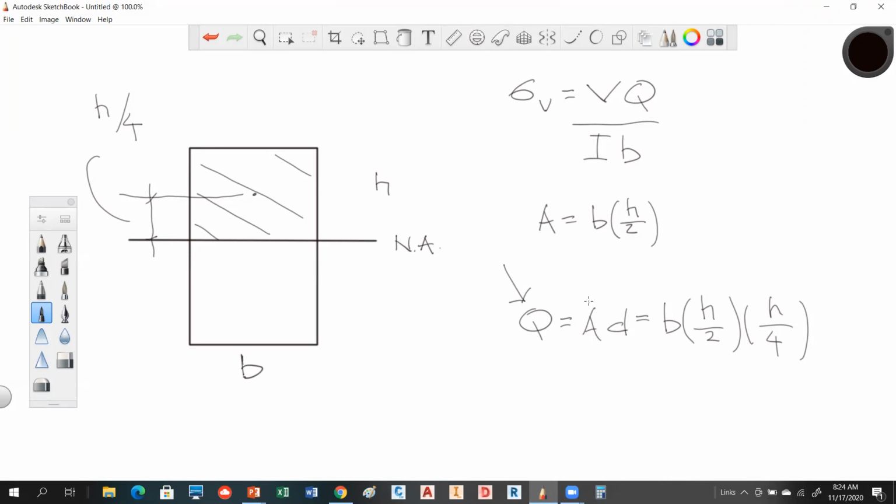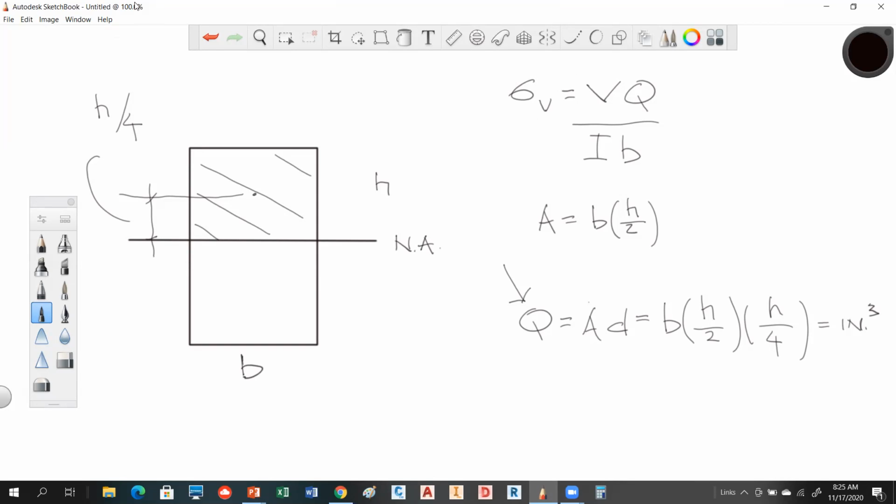So if this was inches squared and this was inches, this would be inches to the third. Does everybody see that? So Q is always going to be inches to the third. I is inches to the fourth, times B in inches, that's going to be inches to the fifth. Inches to the third divided by inches to the fifth is going to yield you pounds per square inch. So this does agree with the PSI.